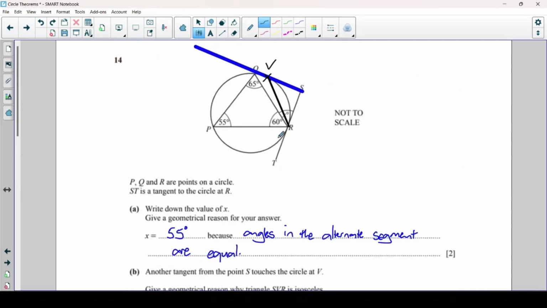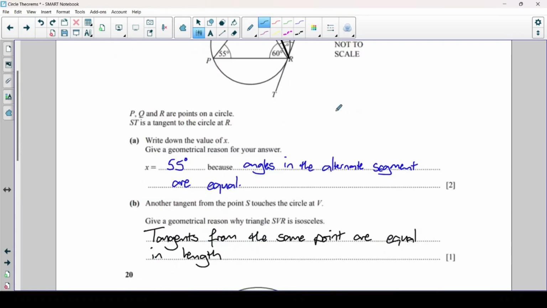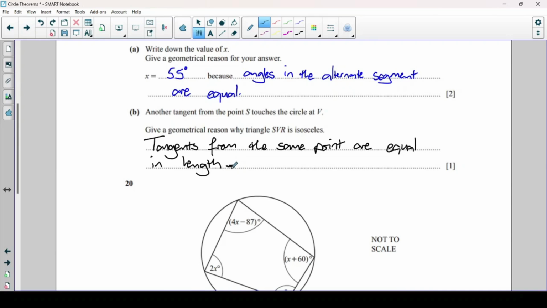By which I mean this line here is equal to this one here. So we've got two equal sides. So we've got an isosceles triangle. First time we've had that one so far.